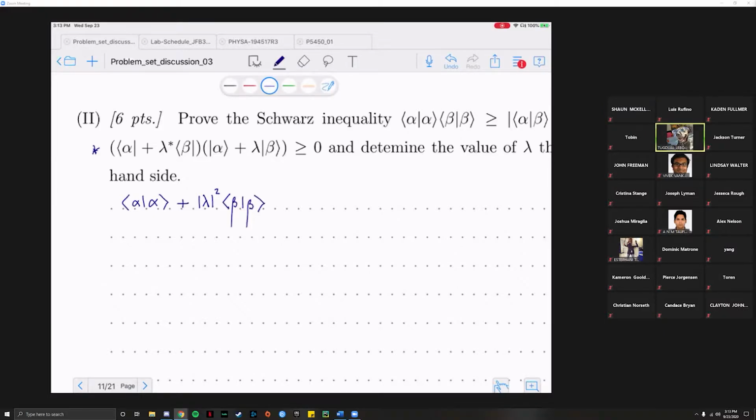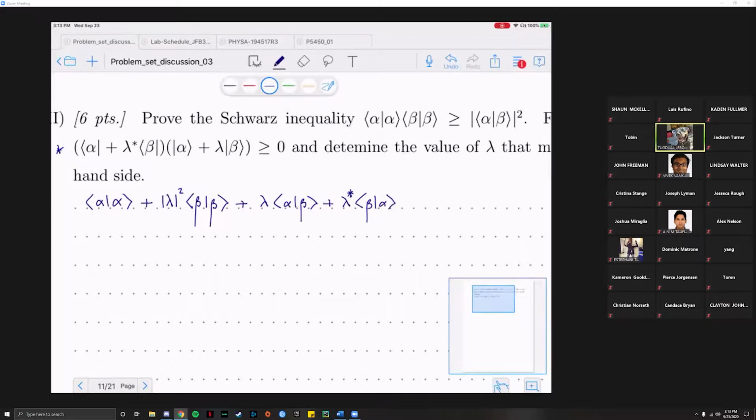And then I have lambda alpha beta plus lambda star, sorry, beta alpha. And that's greater than 0.